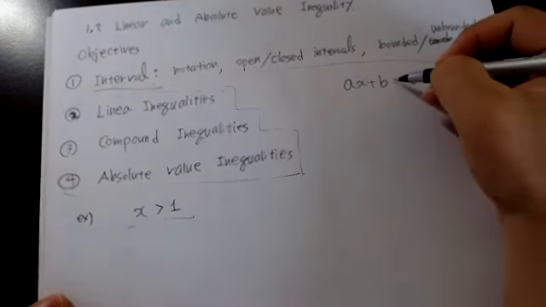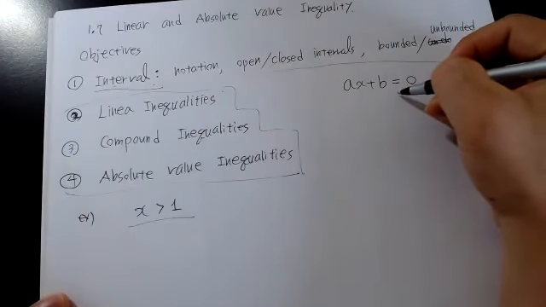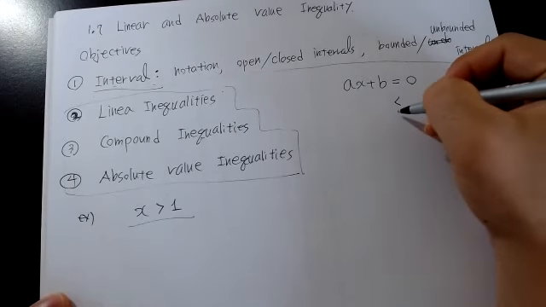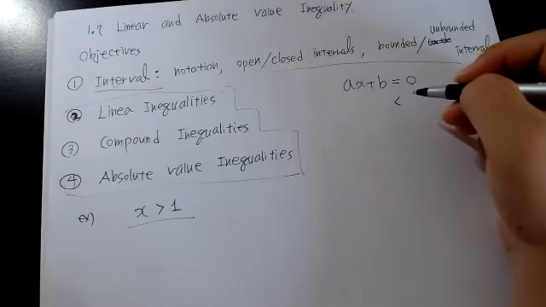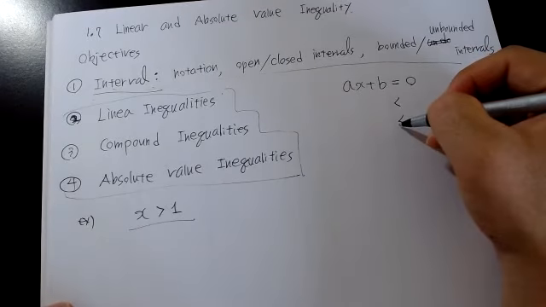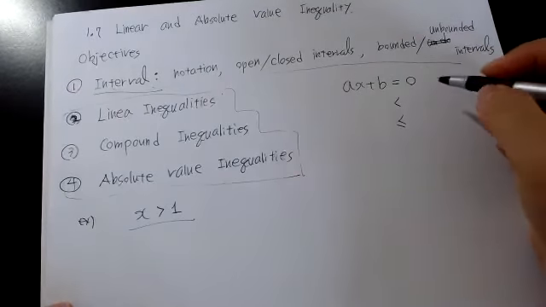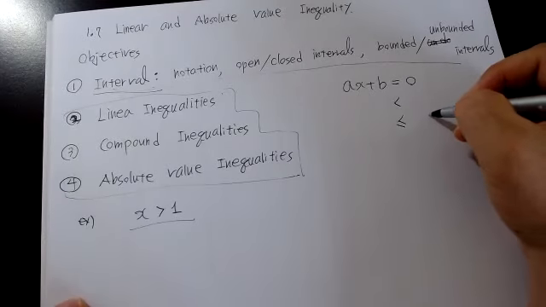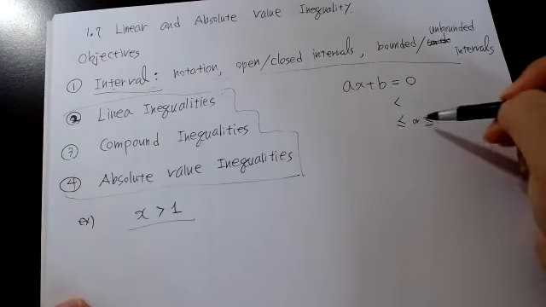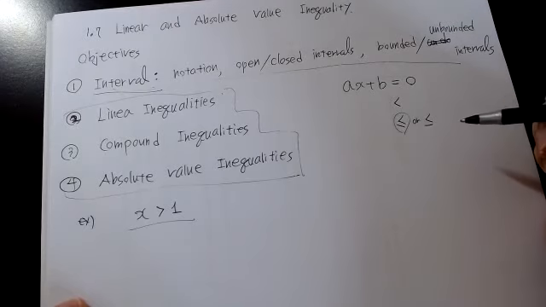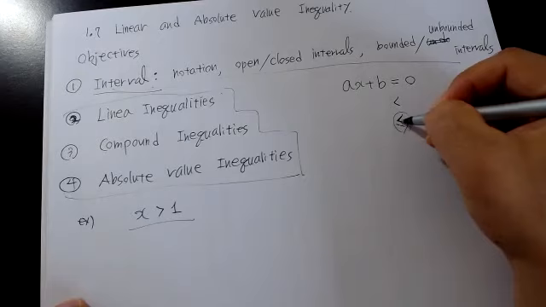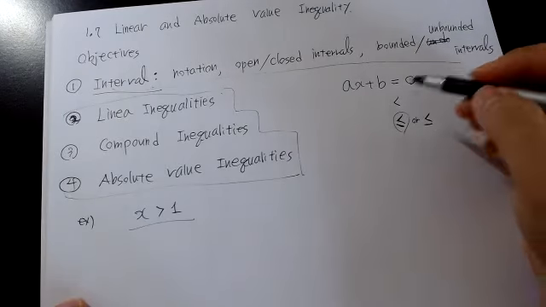Here, we replace the equal sign with an inequality, because we can think about four inequalities: less than, less than or equal to, greater than, greater than or equal to. Some textbooks use one symbol, some use another, but either one is fine.